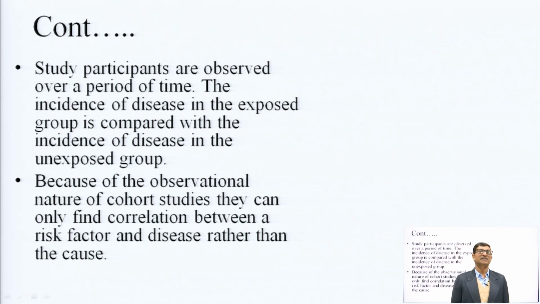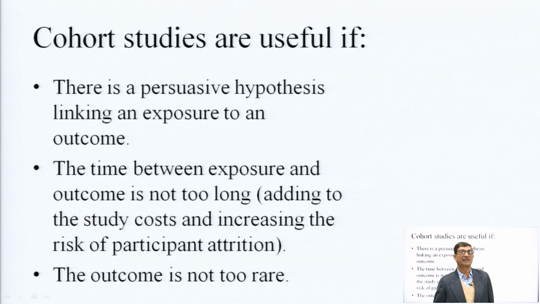Study participants are observed over a period of time. The incidence of disease in the exposed group is compared with the incidence of disease in the unexposed group. Because of the observational nature of cohort studies, they can only find the correlation between the risk factor and disease rather than a cause. That means here we find the relationship, not cause and effect.